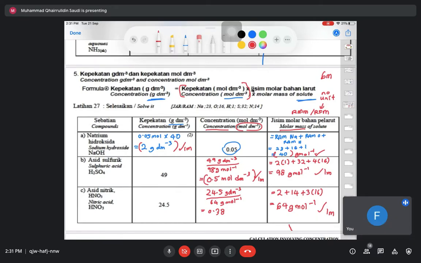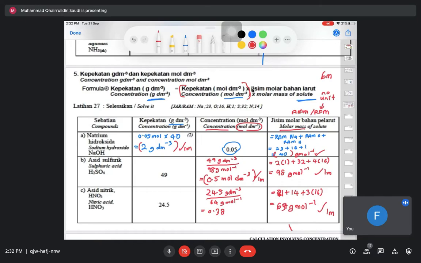So until what decimal places should you take the answer? 4 decimal places. 4 or 3. So 0.383. Oh, I miscalculated. Okay, sorry. Thank you very much.